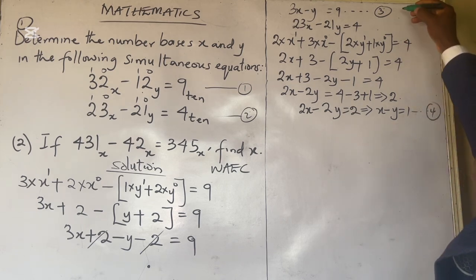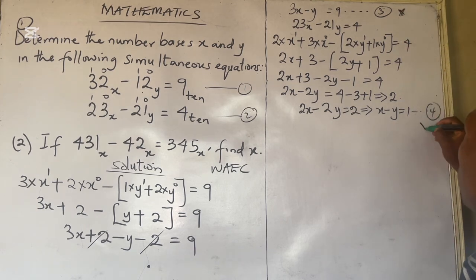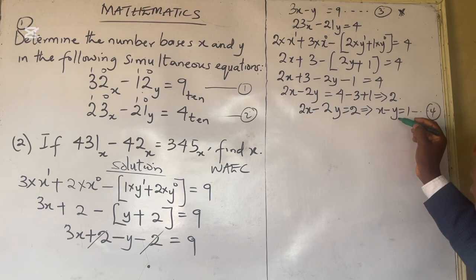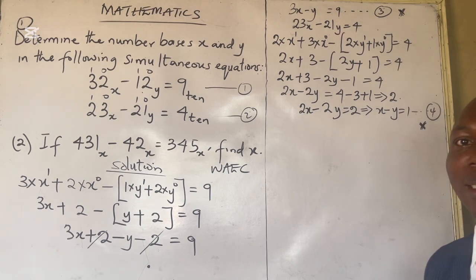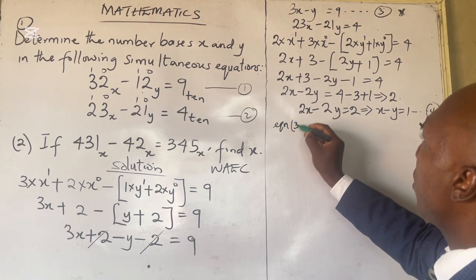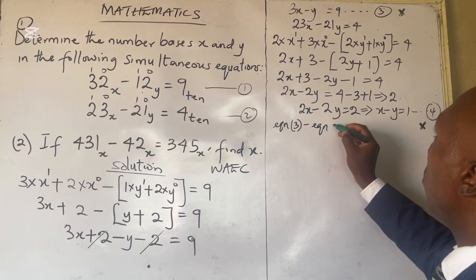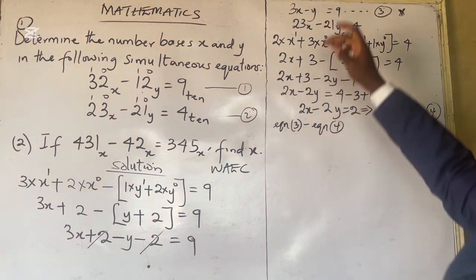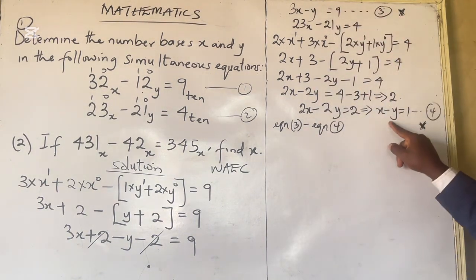When we compare equation 3 and equation 4, they are simultaneous equations. So what I will do now is, I have minus y here, I have minus y here. I can subtract. I can say equation 3 minus equation 4. The reason why I'm subtracting is that there is minus y here, there is minus y here.